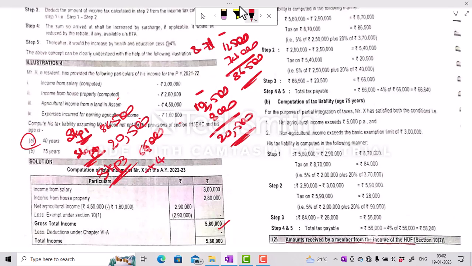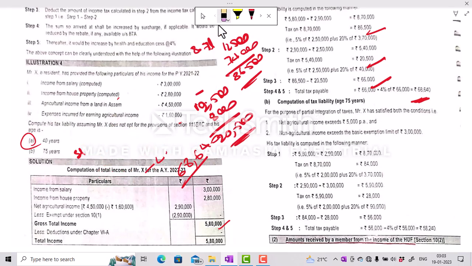Then add directly 4%, we will arrive at 68,640 rupees. This is for 40 years age group. See here, step 1 86,500, step 2 20,500, 66,000 and 68,640 rupees.